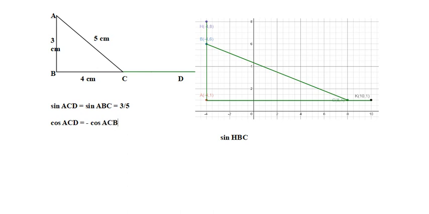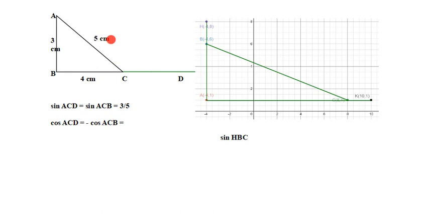I made a mistake on this one. Always be careful when writing your angles. So this is going to be negative cos ACB. CAH stands for cosine equals adjacent over hypotenuse. So ACB is our angle, our adjacent will be this, and our hypotenuse will be this one.